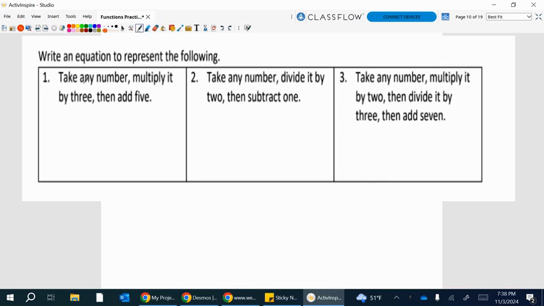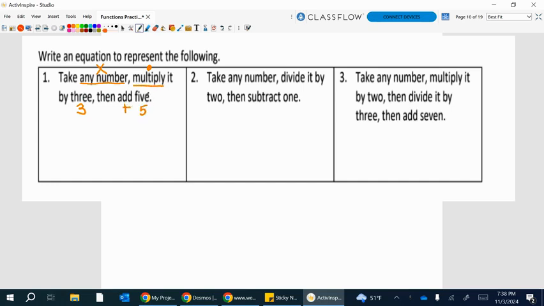It says take any number. When you see something like this where it says any number, you're going to use a variable, a letter. I'm just going to use x. And then it says multiply it by 3, then add 5.